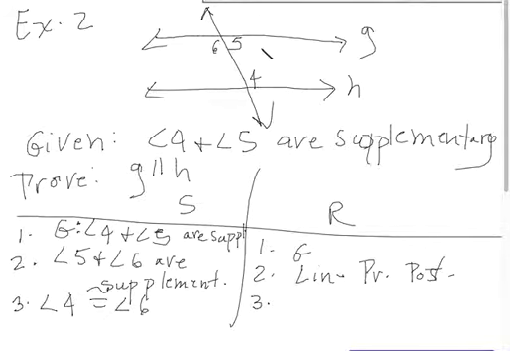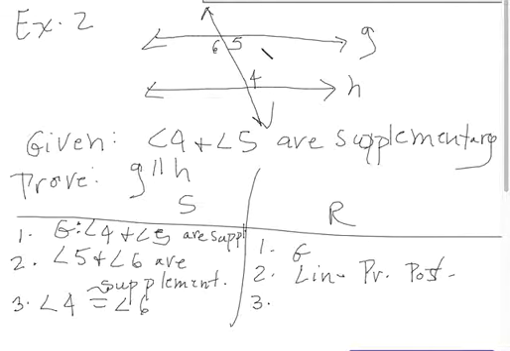What does that say? If two angles are supplementary to the same angle or to congruent angles, then they are congruent. So look at that. Angle 1 and angle 2 are supplementary. 3 and 2 are supplementary. So that means that 1 and 3 have to be congruent.